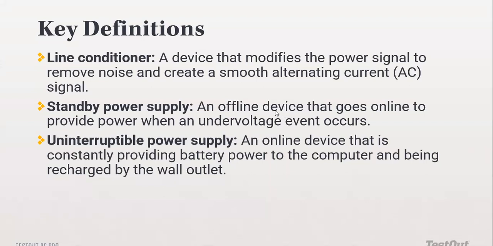Now, we talk again about a UPS, an uninterruptible power supply. It's an online device that is constantly providing battery power to the computer and being recharged by the wall outlet. So a UPS is actually the one that is taking electricity from the wall and providing it to the devices that are connected.